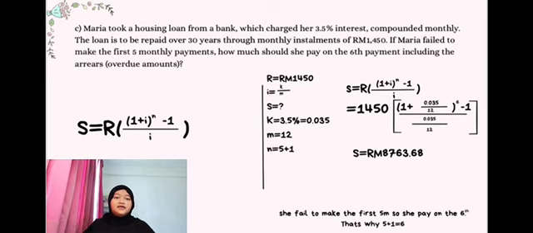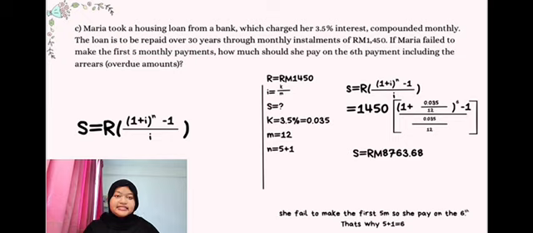That's why it's 5 plus 1, so it's 6 for the value of n. The answer for C is S = 8,763 ringgit and 68 cents.